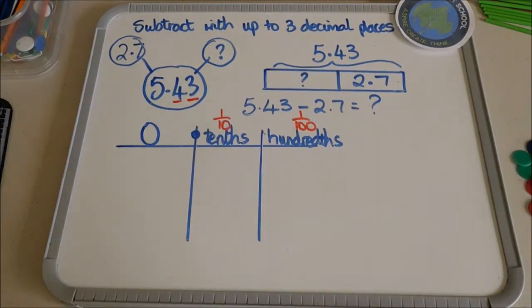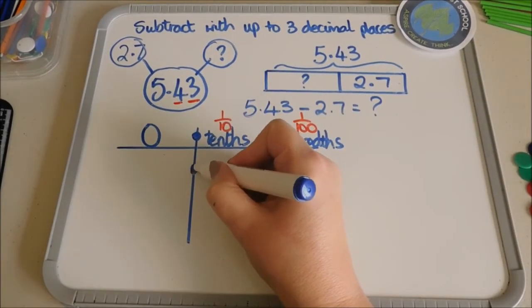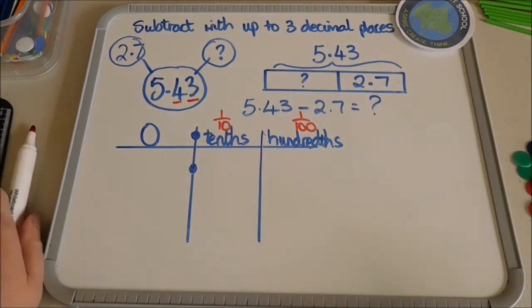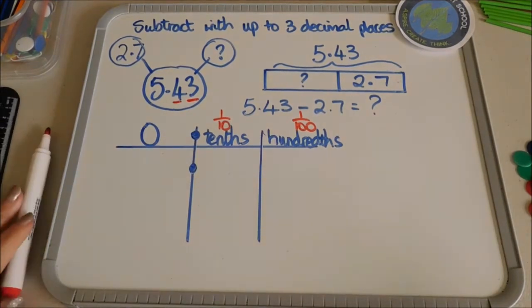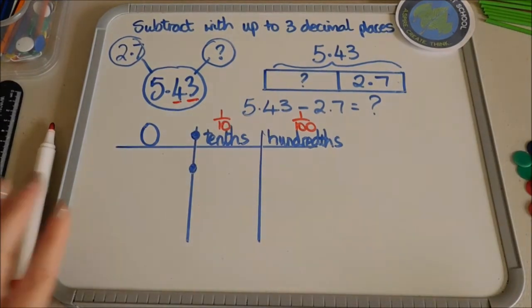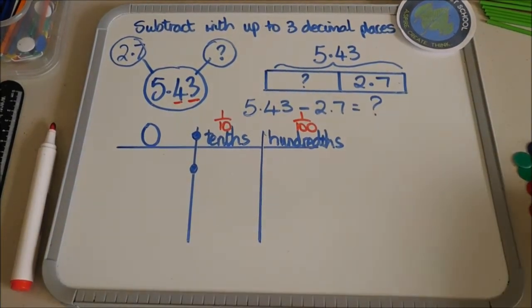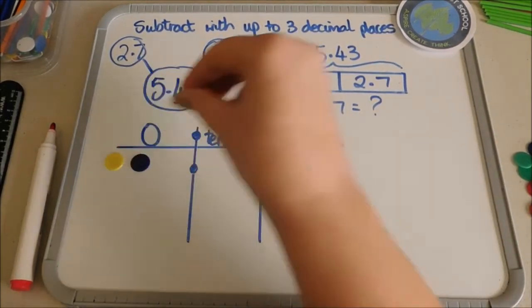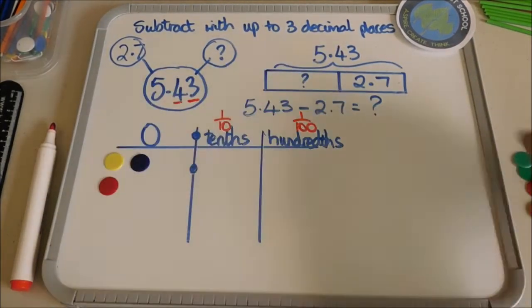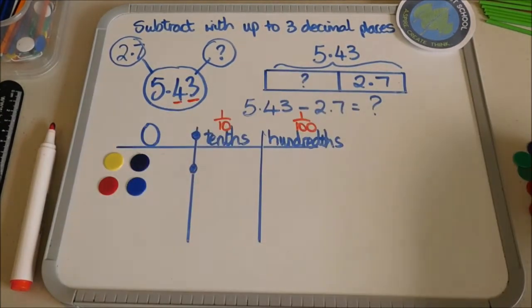Okay, all right, so the first thing I need to do is remember that my decimals never move, they stay where they are. Okay, now your children could use any concrete apparatus on here, so I'm going to use counters, so I'm going to put in my 1, 2, 3, 4, 5 there.